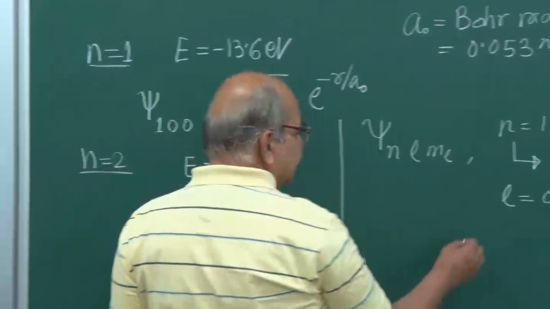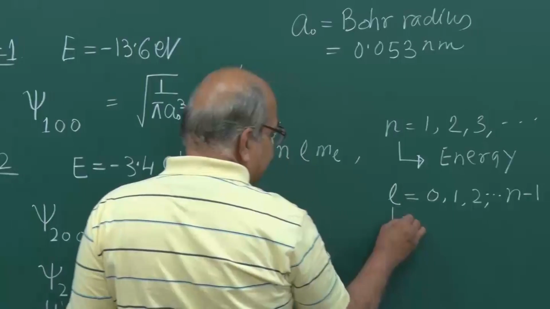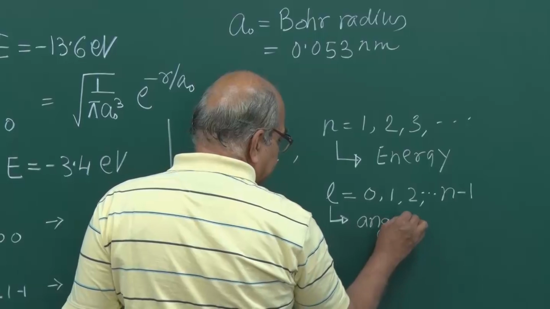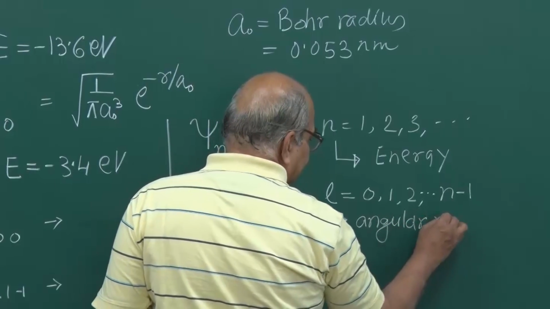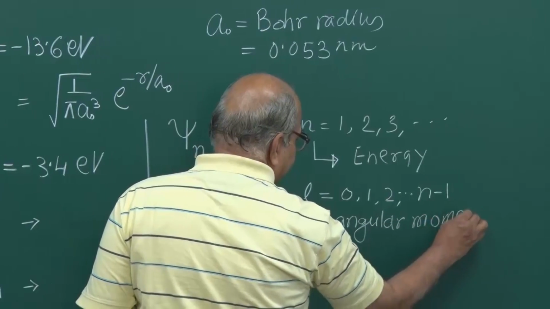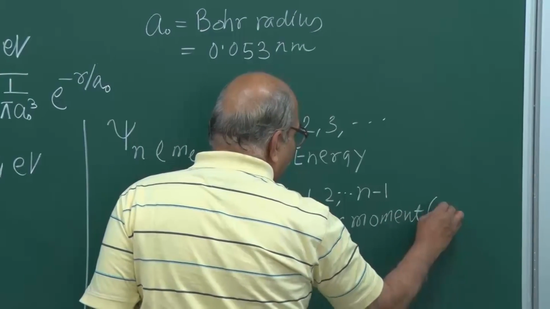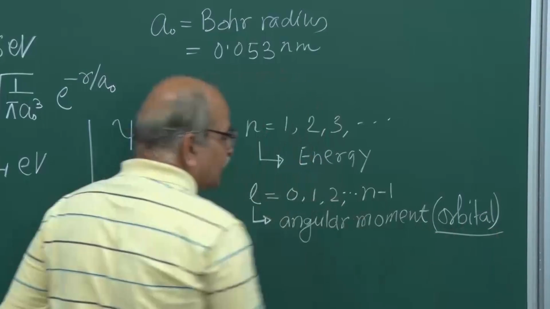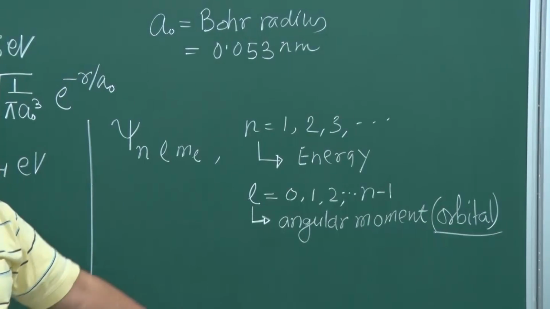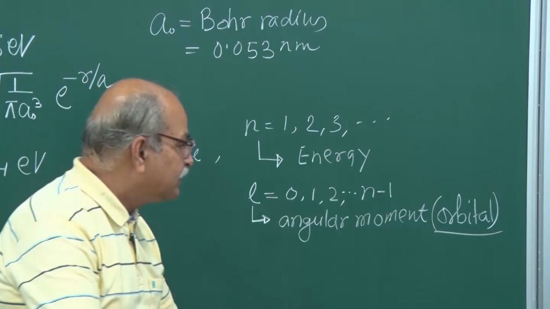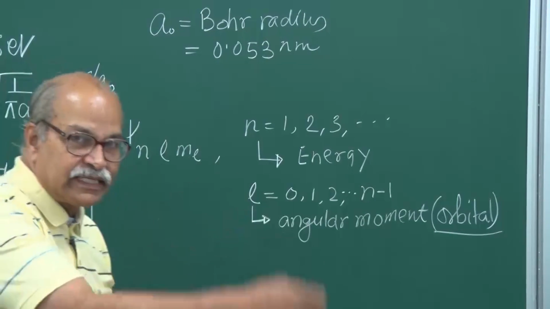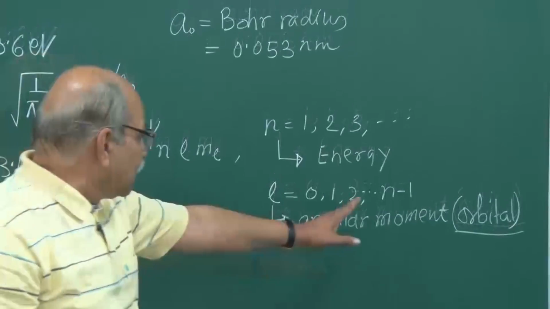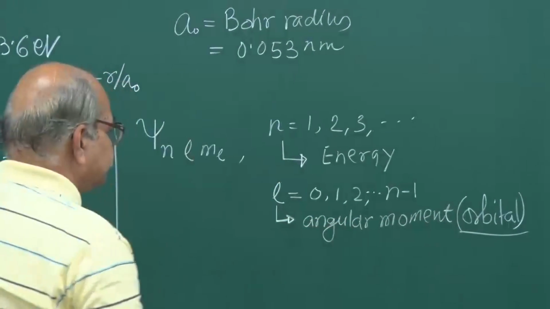This L is related to angular momentum, and in fact we call it orbital angular momentum. Don't go by the meaning of orbital, that there is some orbit or so. Just take it as a name.